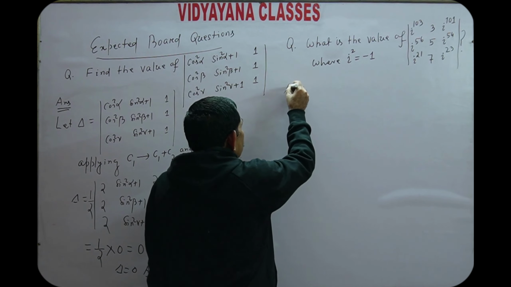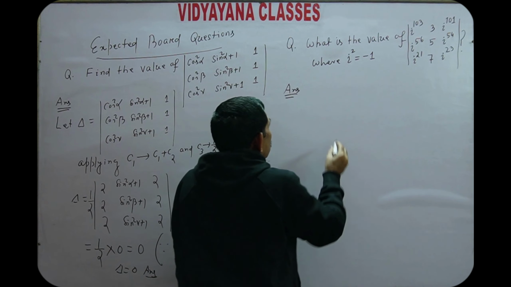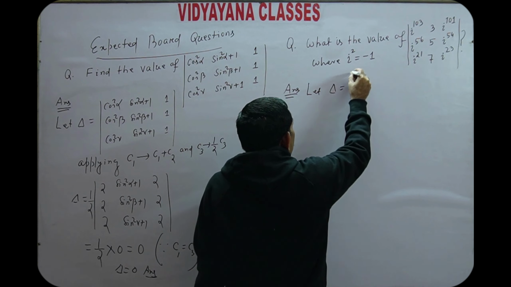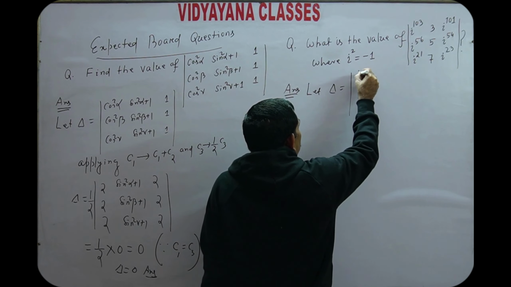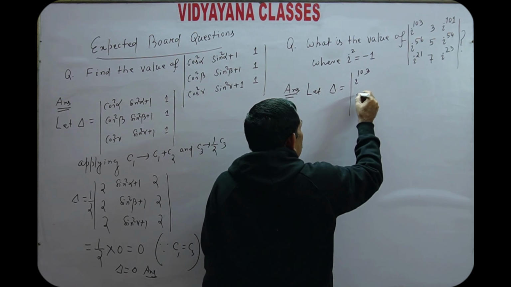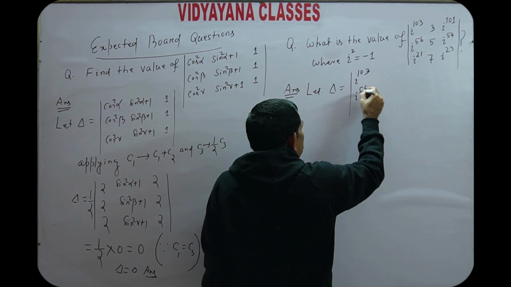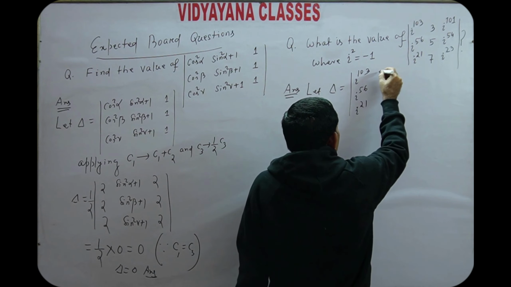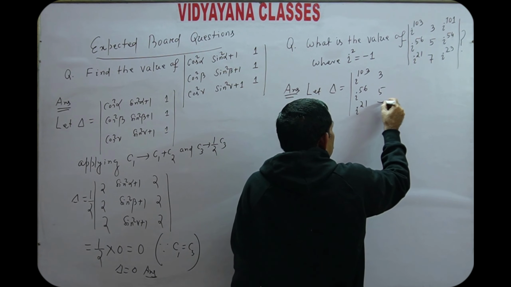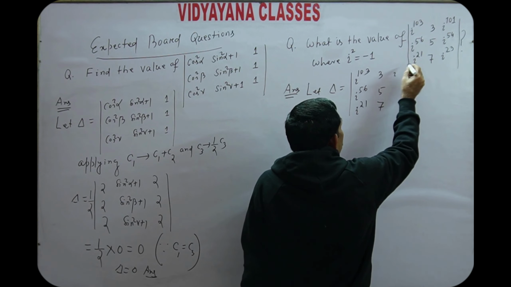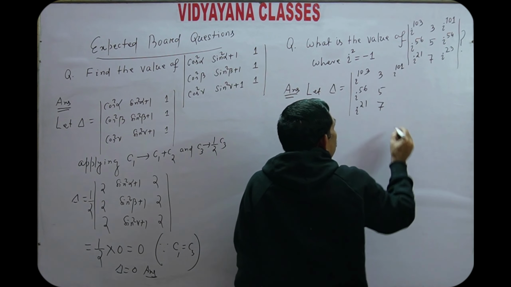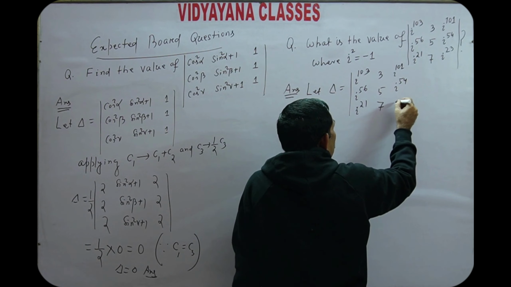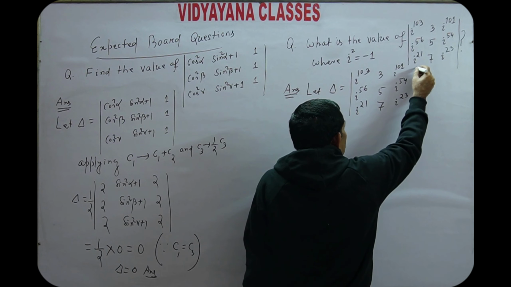Answer: let del be the determinant iota to the power 103, iota to the power 56, iota to the power 21, 3, 5, 7, iota to the power 101, iota to the power 54, iota to the power 23.